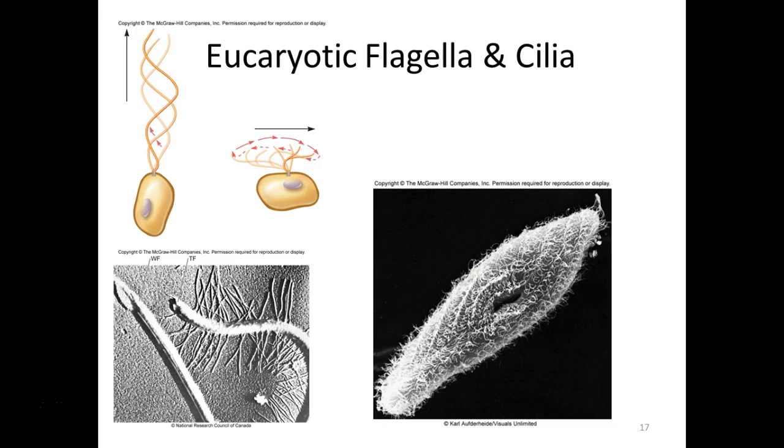Because again, they're shorter, so you need more of them to create the locomotion. So here's a gorgeous paramecium. Isn't he just handsome? Completely covered in cilia, right? All these hair-like things that you're seeing, that's the cilia. And they would beat, right, or wave to allow it to move.